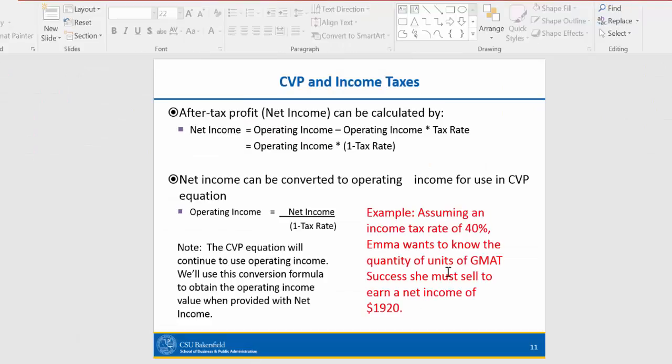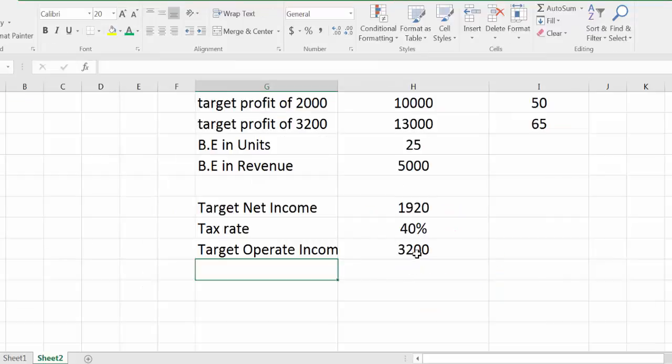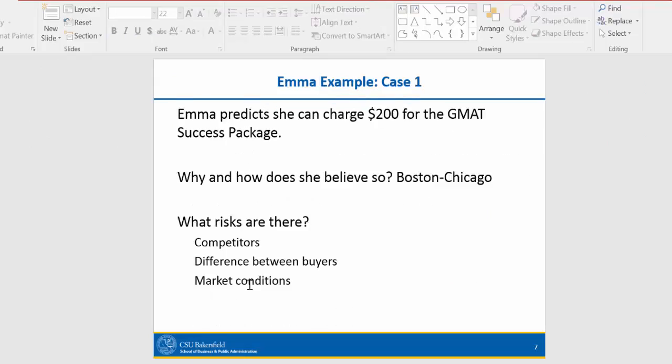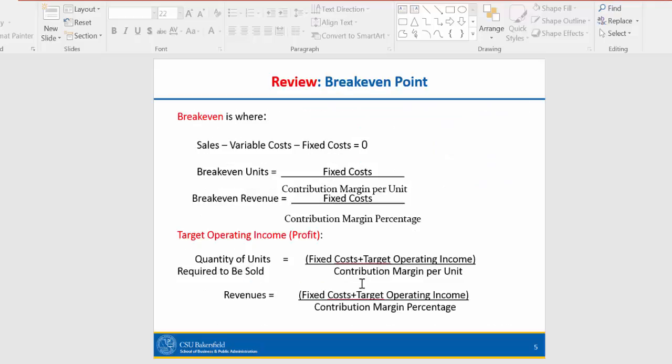So let's find out how many GMAT success packages she must sell to earn a target operating income of now 3,200. And the formula is right here. We're going to look at fixed cost plus target operating income, then the quantity divided by contribution margin per unit.